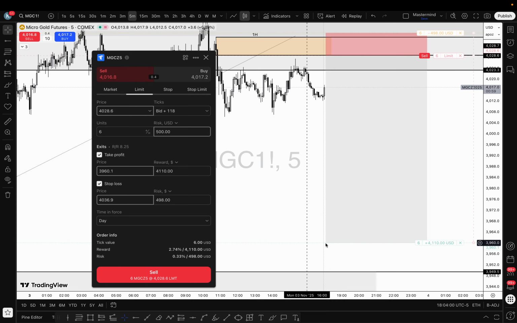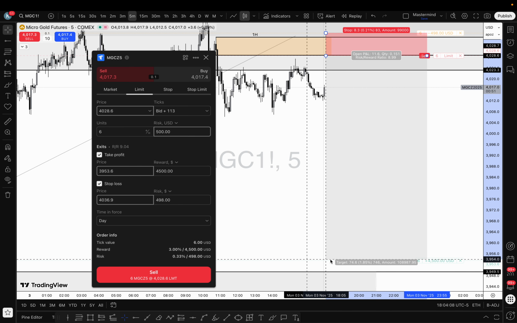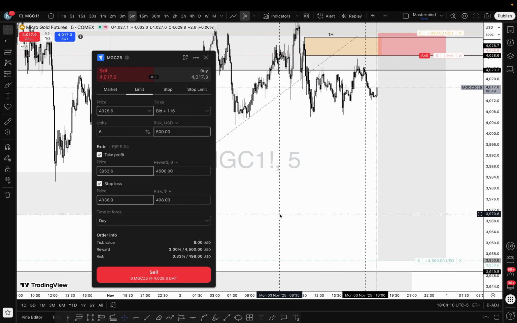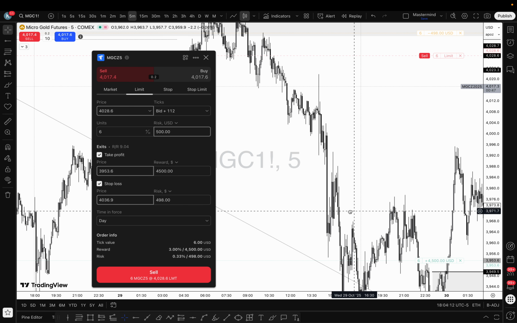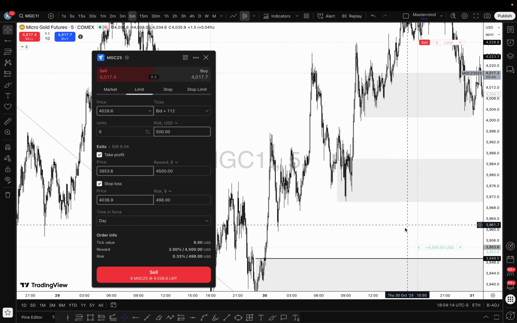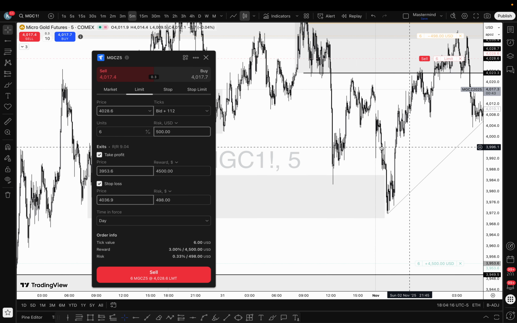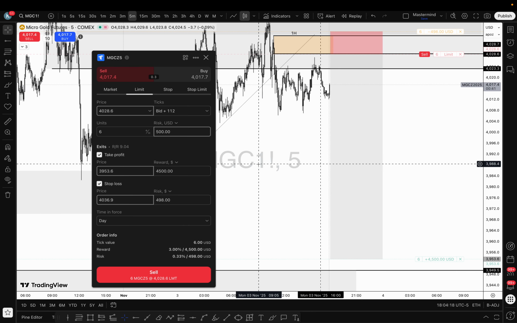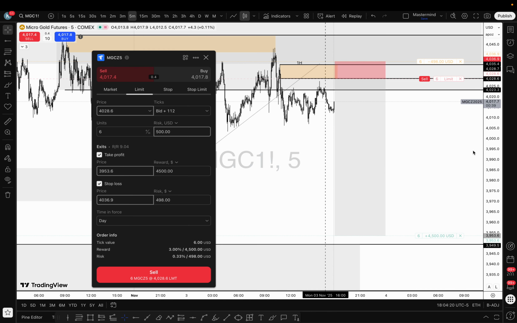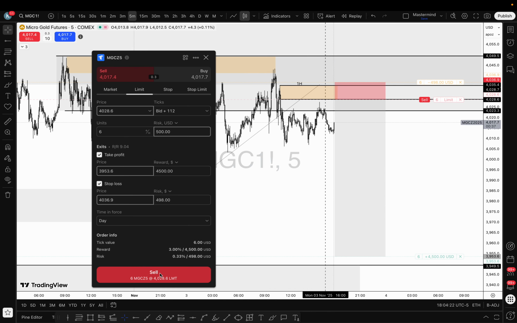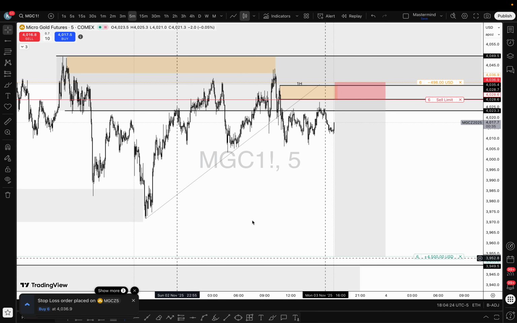It's 825, so put this on 4,500, right? Now the closer we get to 1 hour demand, the more likely it is to reverse, but we're not at the 1 hour demand for our target, so we'll set that. Okay, so the trade is set.